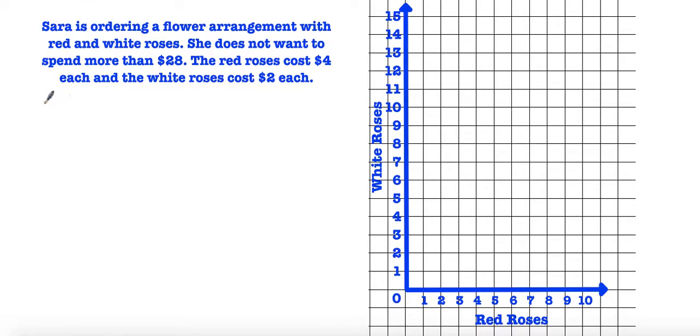So x equals the number of red roses and y equals the number of white roses.